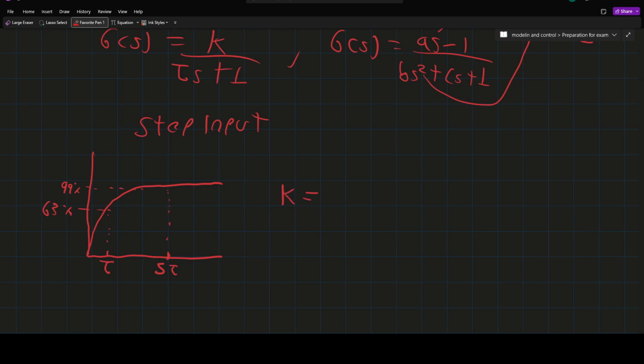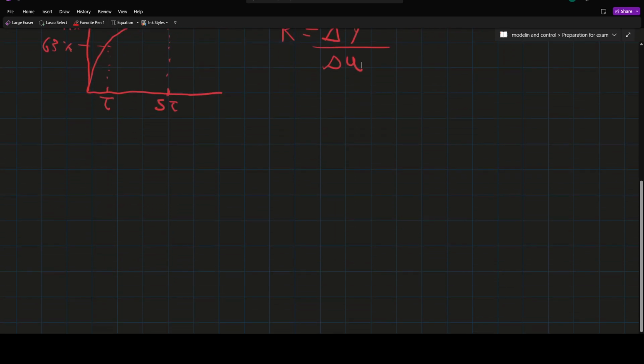We also know that K is the relation between the output and the input. And remember, τ is just the time constant.